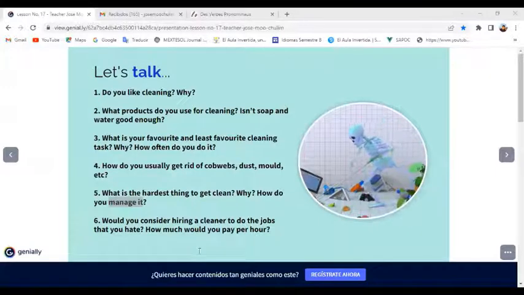We can say rough. Okay, the floor is very rough. Thank you. But I managed to do it with the help of a hard broom. Okay. So you think that's the hardest thing to get clean, the backyard.